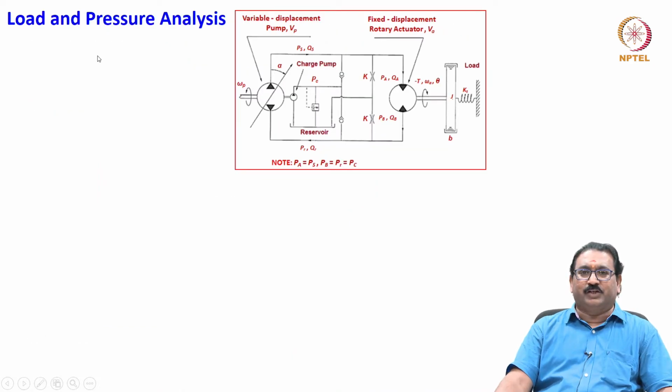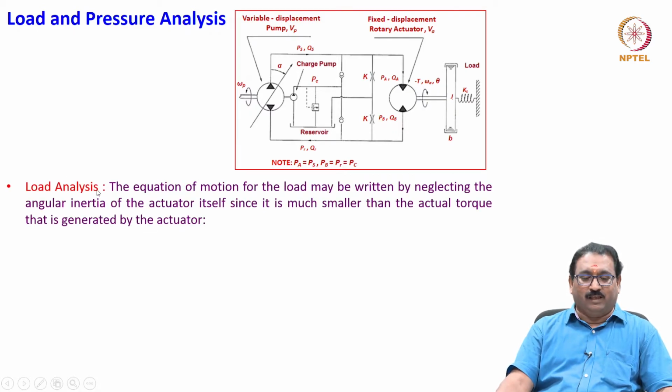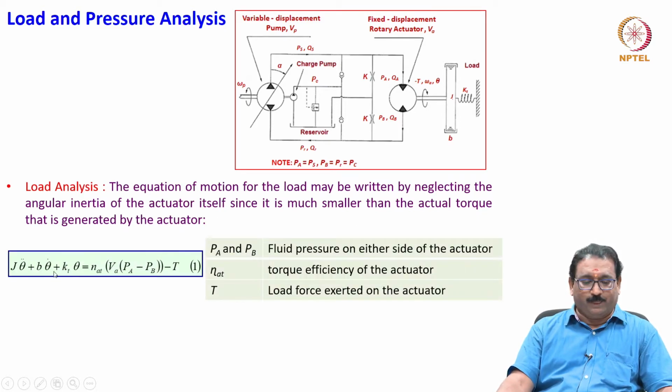After knowing the constructional details, let us move on to the load pressure analysis. Similar to the previous one, the equation of motion for the load may be written by neglecting the angular inertia of the actuator itself, since it is much smaller than the actual torque generated by the actuator.